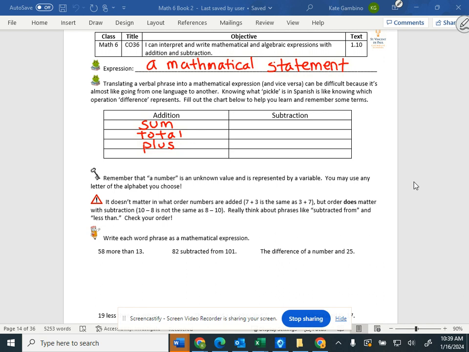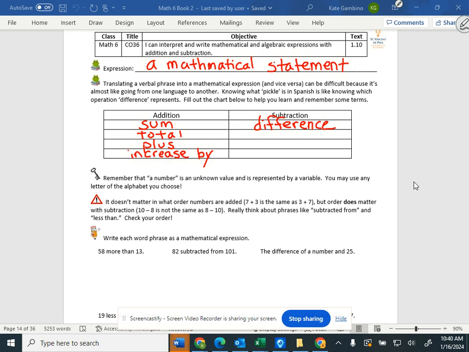Subtraction. Lilia. The difference? The difference. I am going to put increase by. So for the addition, we can put increase by.